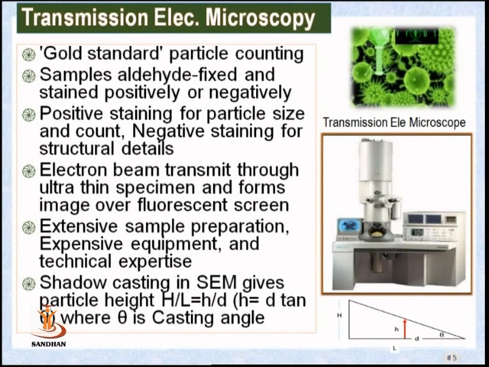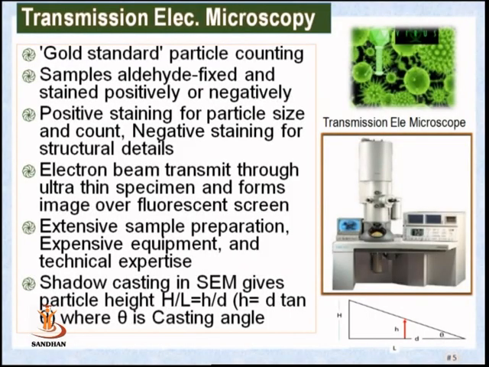Now, this can be done by a very simple calculation as shown in this diagram: in a shadow cast preparation, the ratio between the object and the shadow in terms of their height and length are always equal. So that is how the height of the object can be found out by a simple formula, h equals d into sine theta, where theta is the casting angle through which the shadow has been cast upon the object.